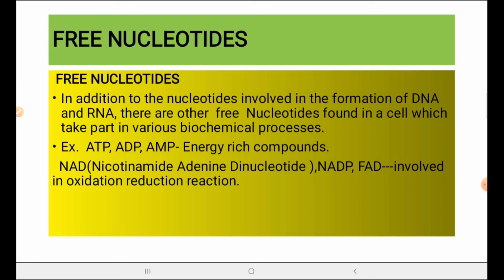You have also heard about NAD, NADP, FAD, and their function is to carry out oxidation reduction reactions. I have already told you, ribose sugar is found in your ATP, AMP, NADP, NAD, FAD.